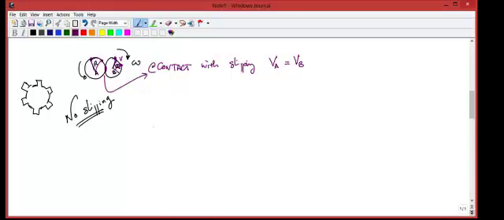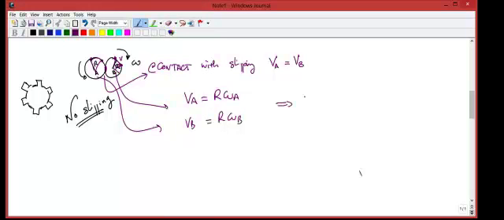So, if you apply the relationship between linear velocity and angular velocity of both gears, we therefore have VA is equal to R omega A. And similarly, VB is equal to R omega B. If those two gears are in contact and there is no slipping, the linear velocity will be the same.